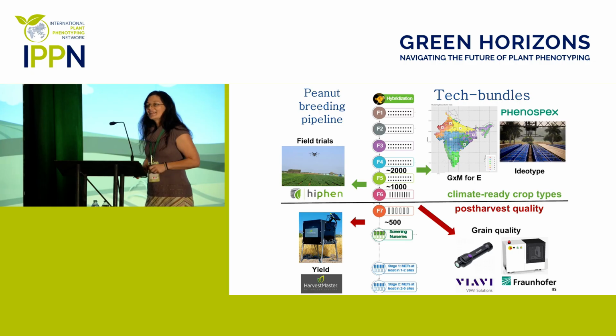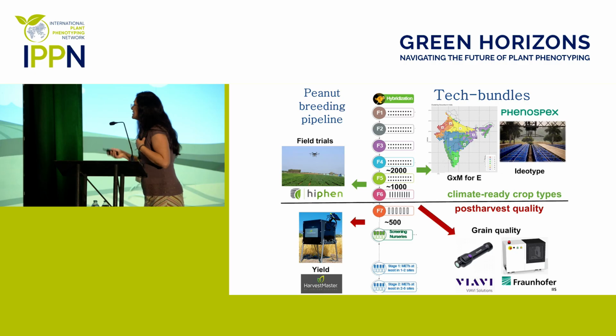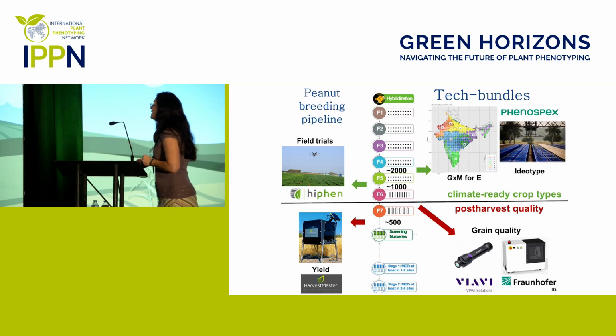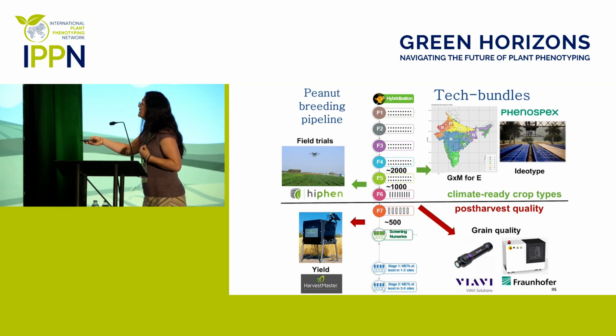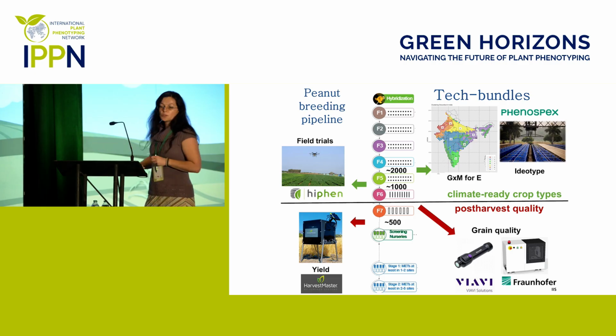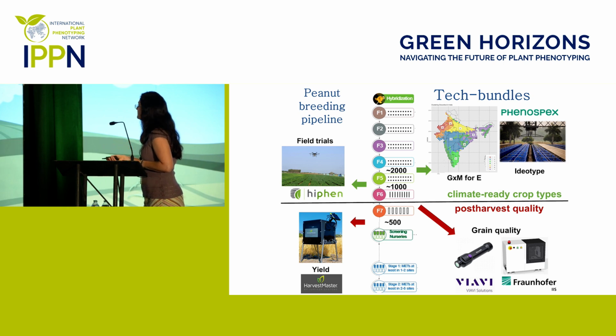So next one, let's look again, in a very, very simplified way, at how we can see the breeding programs. So peanut breeding: some crosses at the beginning, which I was talking about. And then we have thousands and thousands of lines, and we are selecting as we are approaching the field trials.